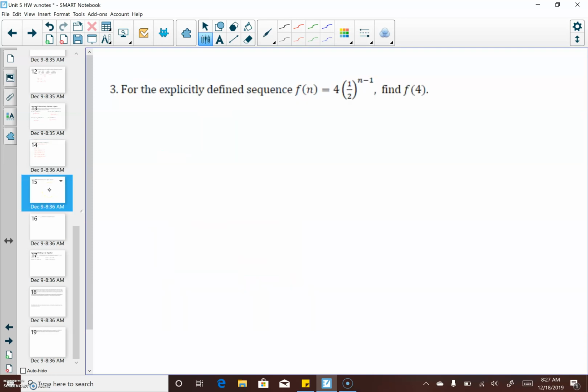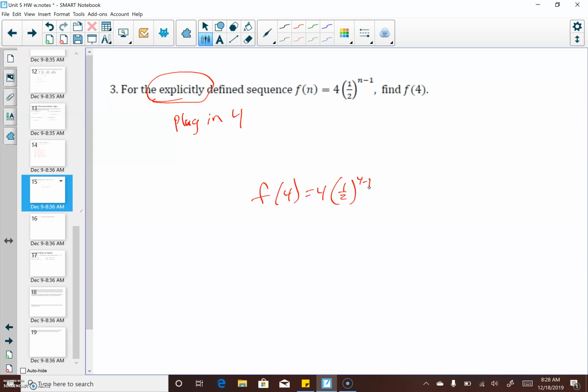For the explicitly defined sequence, f of n equals 4 times 1/2 to the n minus 1, find f of 4. Explicitly is nice because we can just plug in the 4. So if you're looking for the fourth term in an explicitly defined sequence, then we can just do everything in one shot.